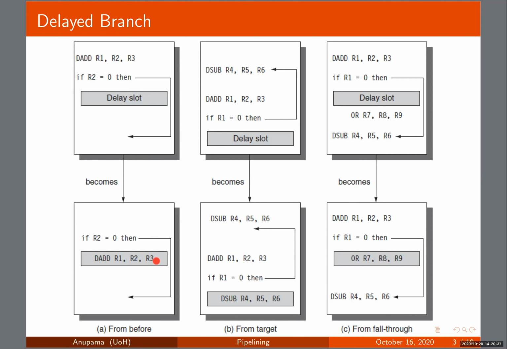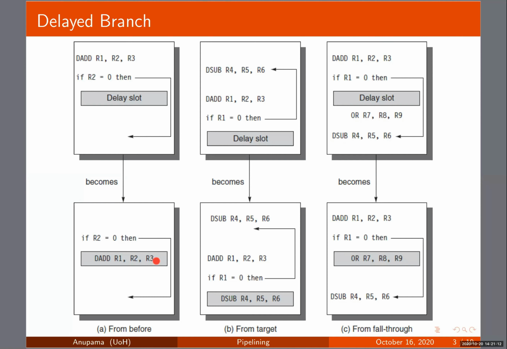By doing this, we are effectively utilizing this slot and having no stall, because by the time this instruction is fetched and decoded, the branch would have known whether it is going to be taken or not taken, so the next instruction fetched will be the right one. It will be the next sequential instruction after the branch if it's not taken, and the target address if it is taken.